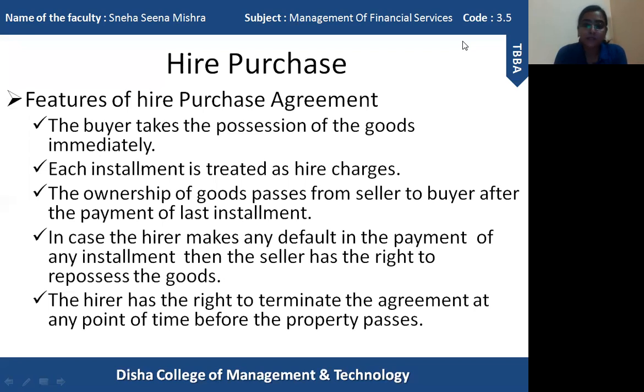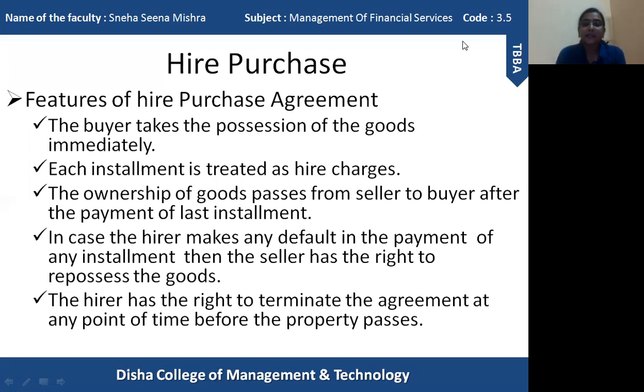Like I have already explained in the second point, what if the buyer is not able to pay the installment or has defaulted in the payment of installment? What will be its consequence? The seller has full right to take the possession of the goods, and the seller need not pay back the paid amount of installment.